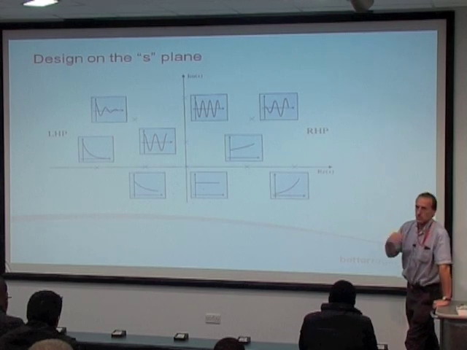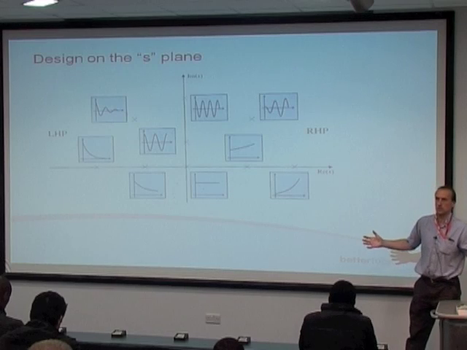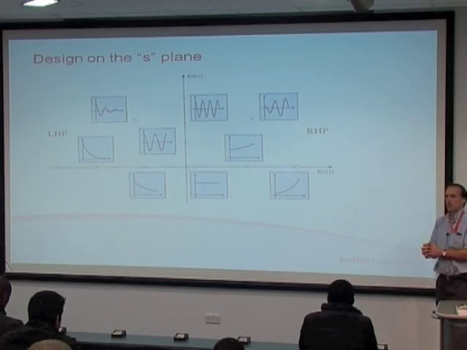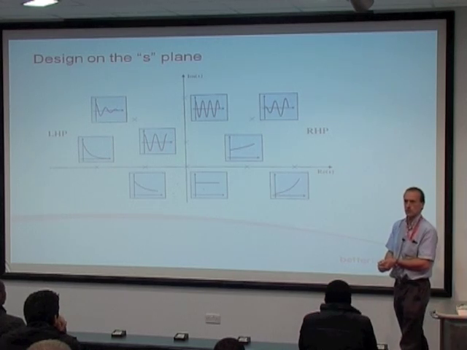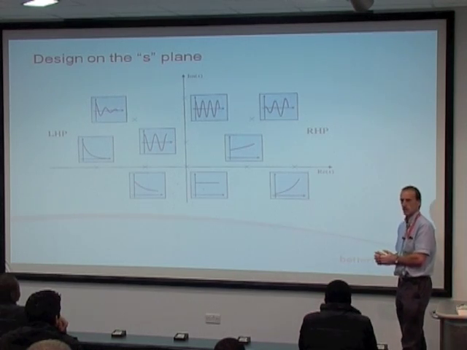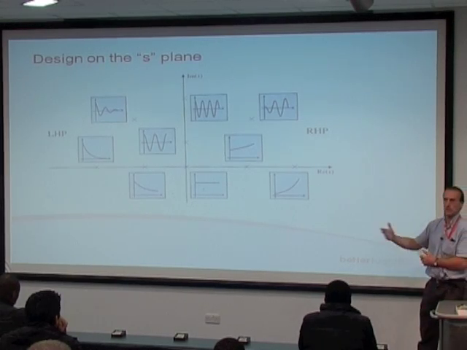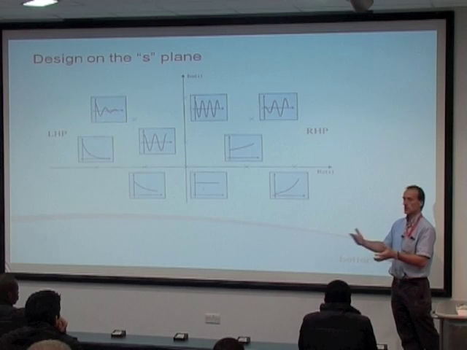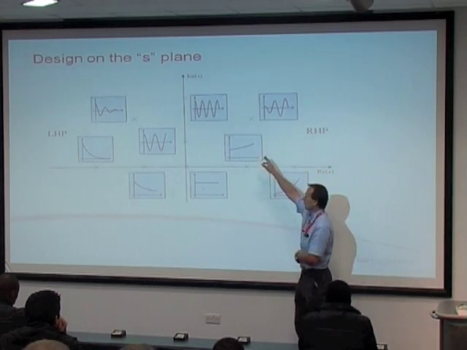So, somebody gives you a transfer function, I don't know, 4th, 5th, 6th order equation. You scratch your head for a bit saying, well, I can't factorize that, so use a piece of software to do it. Factorizing high order polynomials manually is a bit of a task, so you get some software to do it. It tells you where the roots of that polynomial are, the poles, and you put them on your picture.